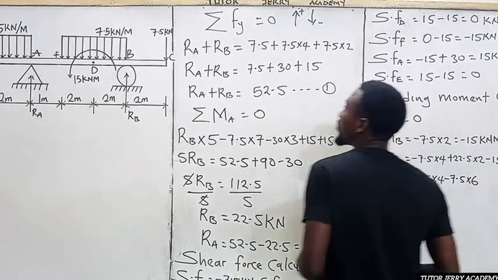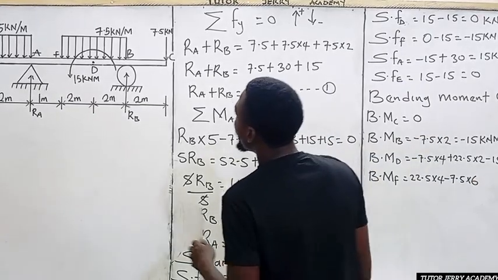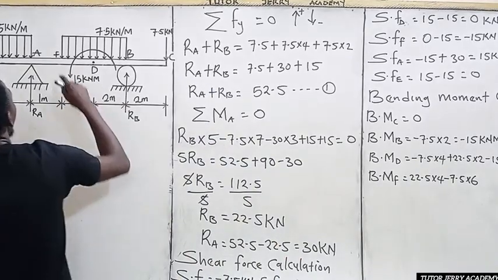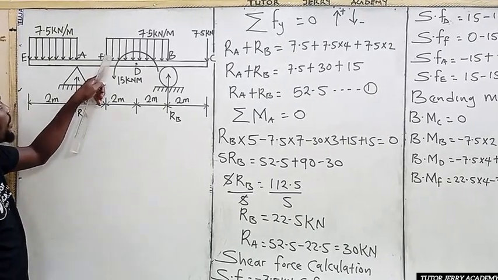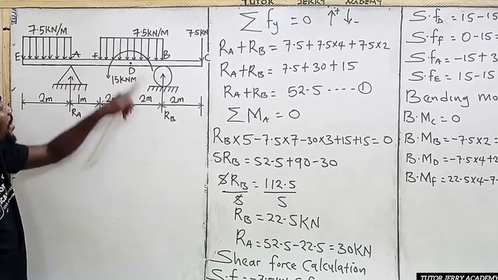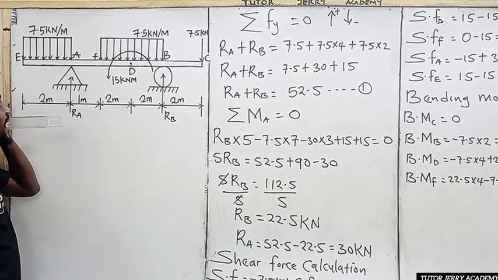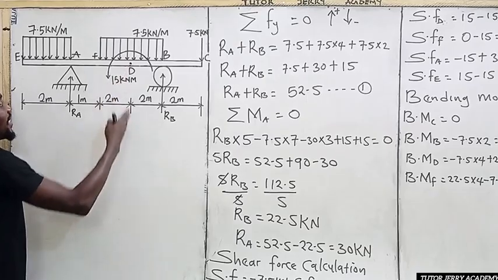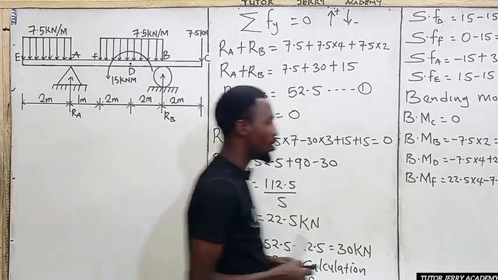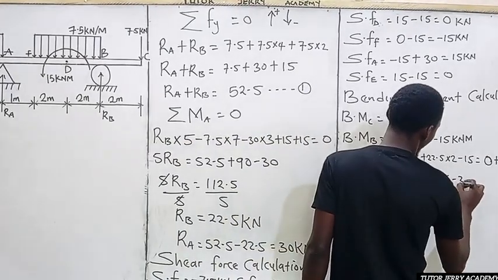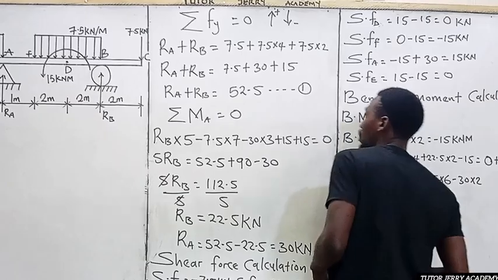All right. Now, if you look at this again, we have a uniform distributed load here. So if we convert that to a point load, 7.5 multiplied by 4, that is 30. 30 is going to act at the center, that is 30 multiplied by 2. So it's going to be minus 30 multiplied by 2. All right.